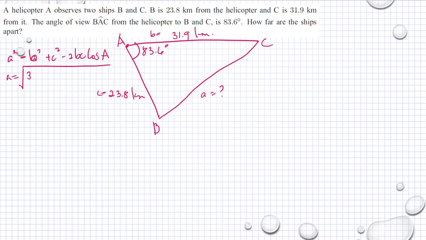We have 31.9 squared plus C, that is 23.8 squared, minus 2 times 31.9 multiplied by 23.8 multiplied by cosine 83.6.